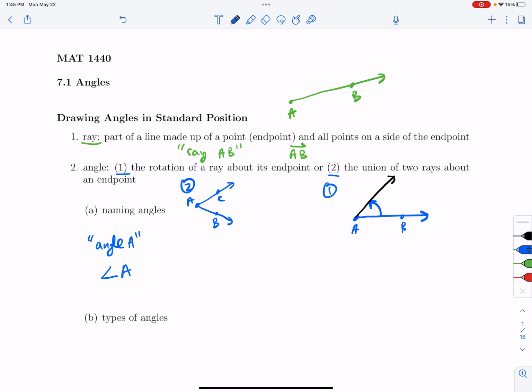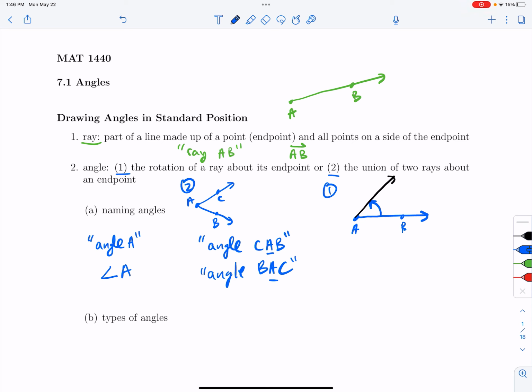So in this case, it's A. Another way we could do this is we could name all 3 points on that angle. So we could name this angle CAB or angle BAC. Now in each case, we make sure that the vertex is the middle letter in that 3-letter sequence.